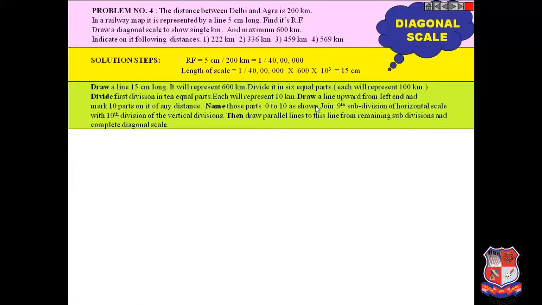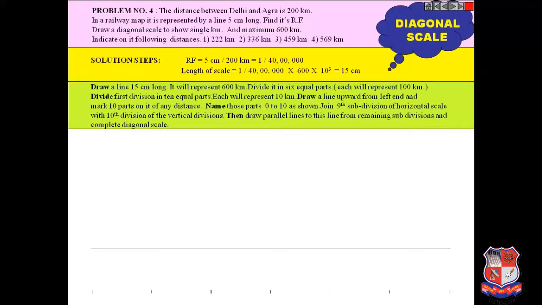So RF into maximum distance, 600 kilometer, that is given to you, you have to convert it into centimeter. So length of scale is equal to 15 centimeter. So you have to draw one line of 15 centimeter.